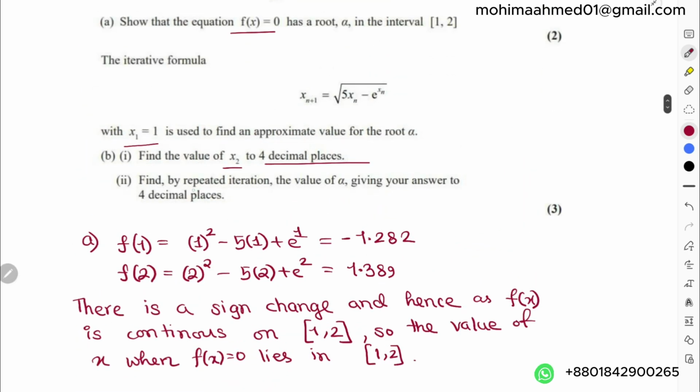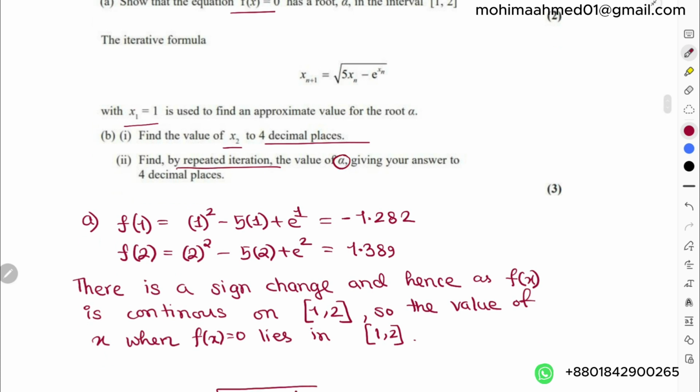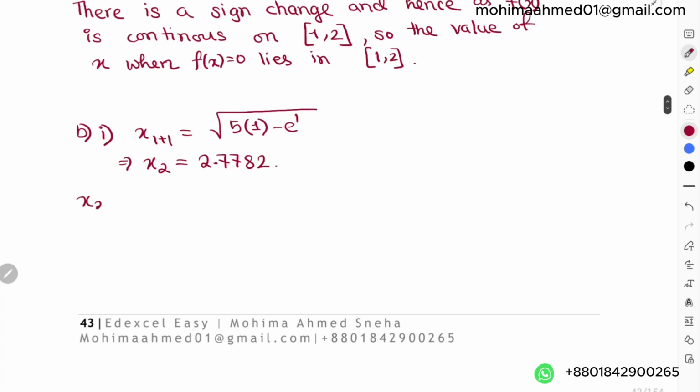And after this, I have to use repeated iteration to find out the value for your alpha to 4 decimal places. So again, you have to do the same procedure. x3, which is from x2, is root of 5 plus e to the power of 2.7782, everything under the square root. You get 5.4755.